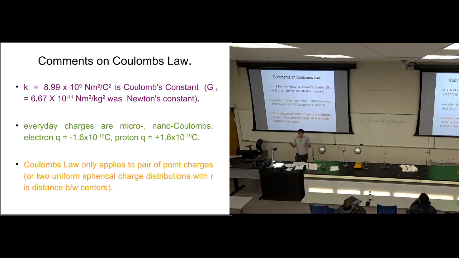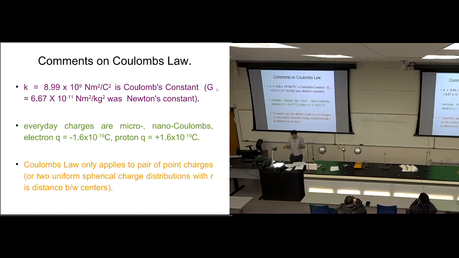When you do demonstrations or experiments where you rub the glass rod with some silk or cat's fur, or you rub the plastic rod with silk or cat's fur, and you charge up the glass rod and the plastic rod, the amounts of charge involved in that rubbing are normally nanocoulombs or microcoulombs, tiny fractions, 10 to the minus 9, 10 to the minus 6 of a coulomb. So those were the amounts of coulombs that we were dealing with in the last class.